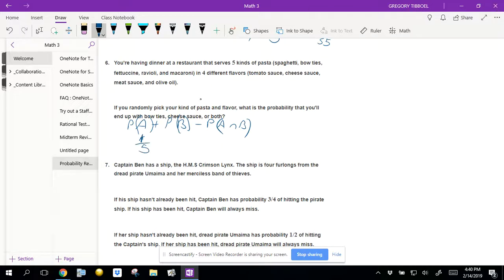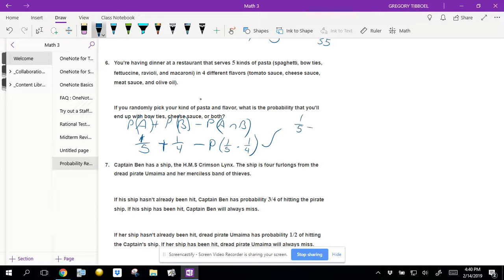So there are 5 of those guys. And the probability of getting a cheese sauce is 1 out of 4 because there's 4 of those, and we're adding them, right? Now we have to do the probability that you are both a cheese sauce and a bow tie, which is 1/5 times 1/4. And we get to multiply them because I know that cheese sauce and bow ties are independent of each other. Actually, I don't know that, but we're assuming that.